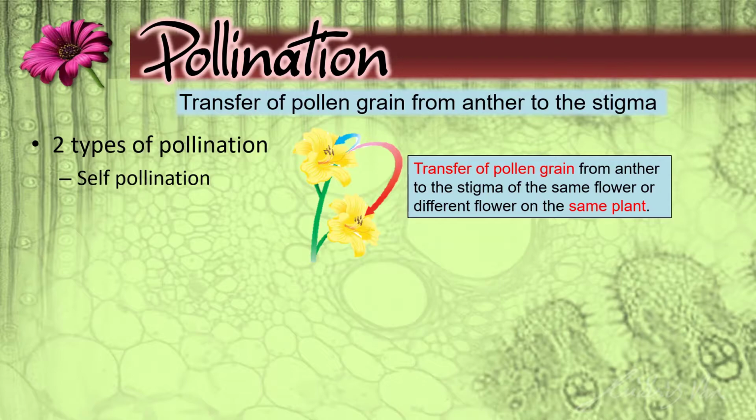But please take note, this one is often confused. Do you think that this is considered sexual reproduction or asexual reproduction? Pause and think. Now, let's think about this. Is there a fusion of gametes?